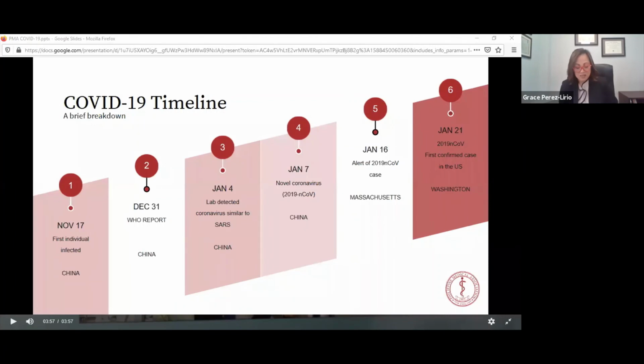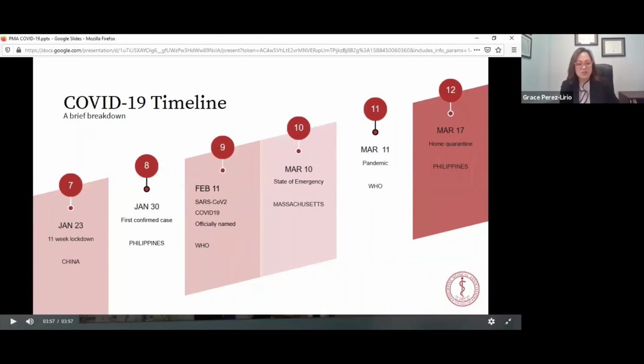And January 16, back here in the Philippines, we have an alert of a possible novel coronavirus case in Boston from a confirmed traveler who came from Wuhan. We didn't have tests then, so it took about a couple of weeks before we could confirm this. But the first confirmed case in the US was actually in Washington State on January 21st. On January 23, China had started their 11-week lockdown.